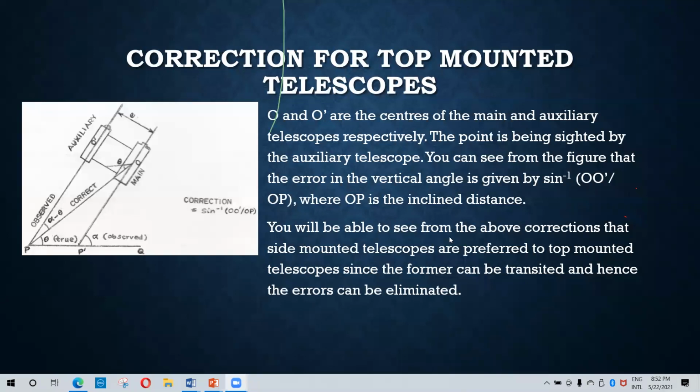You will be able to see from the above corrections that side-mounted telescopes are preferred to top-mounted telescopes, since the former can be transited and hence the error can be eliminated. Now in this case, to do the error correction, you will also have to measure the distance, right?